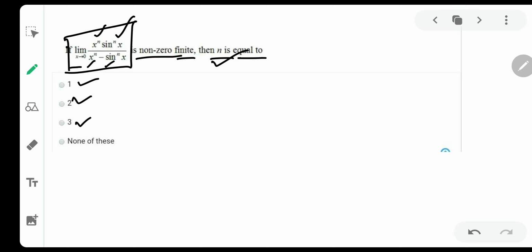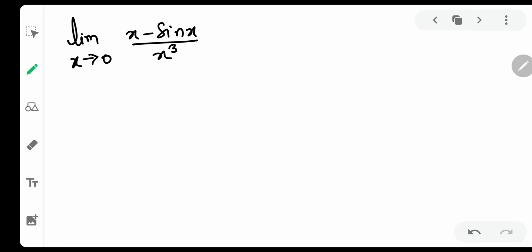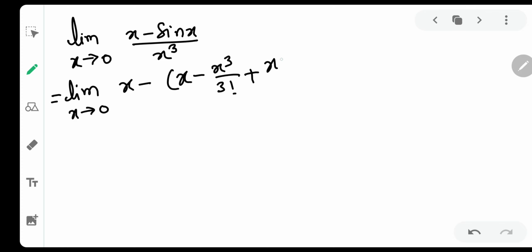For solving this question, you need to understand this particular question. With the usual L'Hospital's method, people will say the limit does not exist, undefined. But that is not the way it is done. You need to remember the series of sin x: x − x³/3! + x⁵/5! − x⁷/7!, and this goes on till infinity.